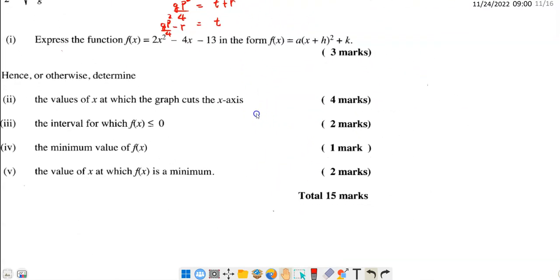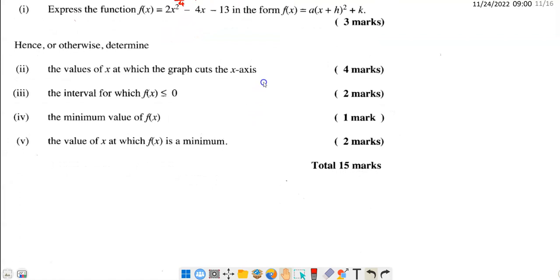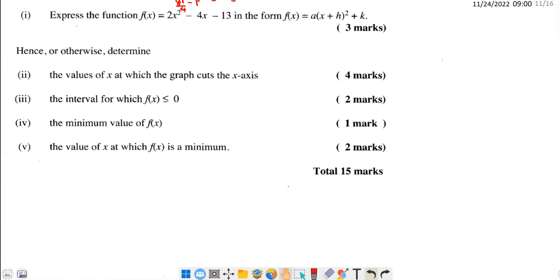So here you have f of x equals 2x squared minus 4x minus 13, and you're required to write it in the form f of x is equal to a into x plus h all squared plus k.